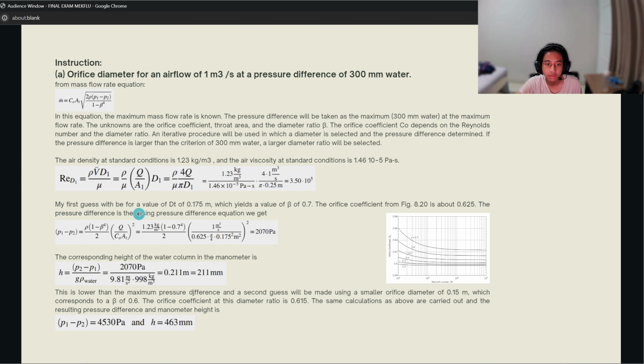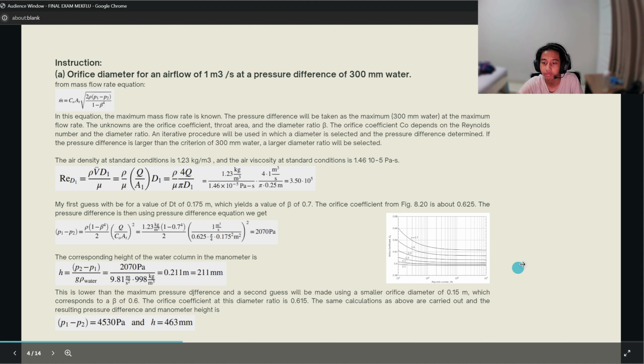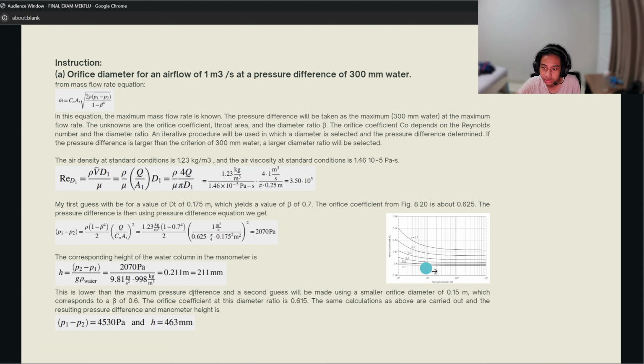My first guess is a value of d_t of 0.175, which yields a beta of 0.7. The orifice coefficient from figure 8.2 is about 0.625. Figure 8.2 is this graph, used to find the coefficient based on the Reynolds number calculation.